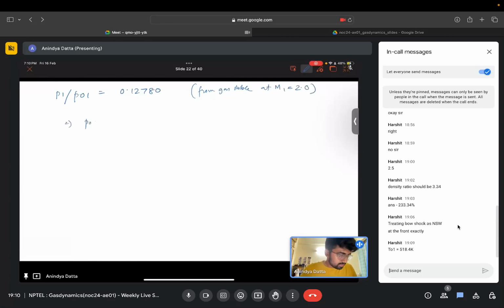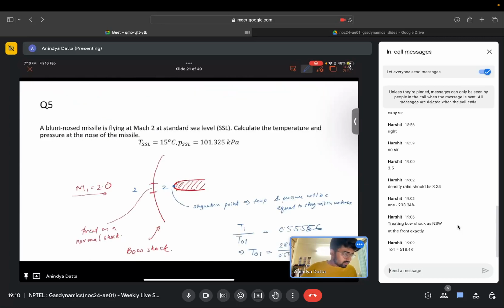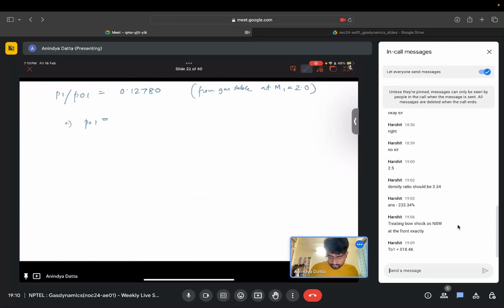So P01 is 101325 divided by 0.1278, which is 792.840 kilopascal.